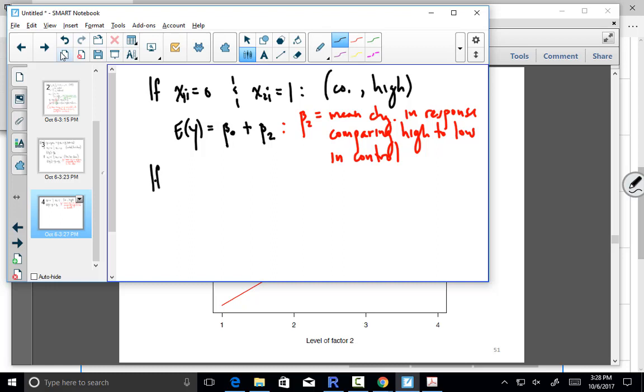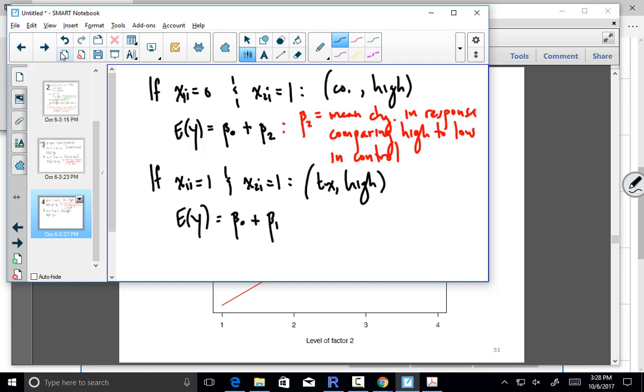And then finally, if both of them are 1, that's treatment group, high dose, we have that the mean is equal to beta 0 plus beta 1 plus beta 2 plus beta 3.